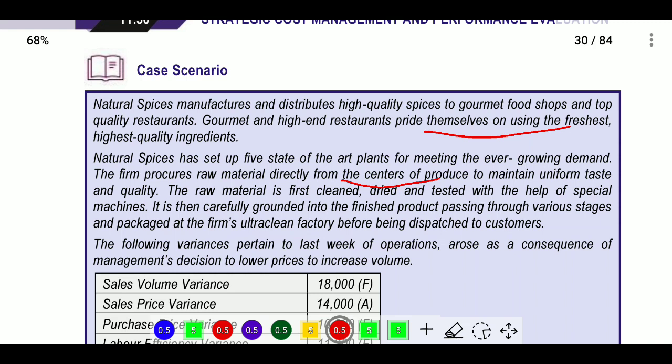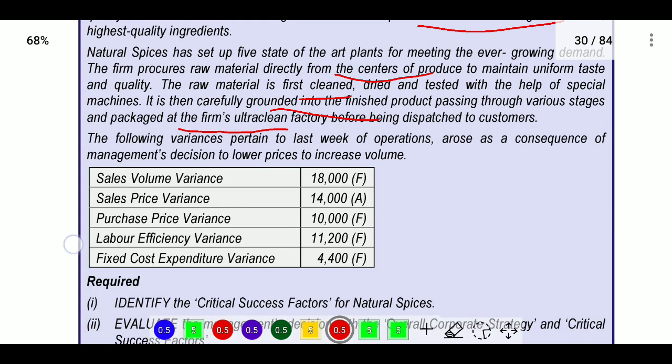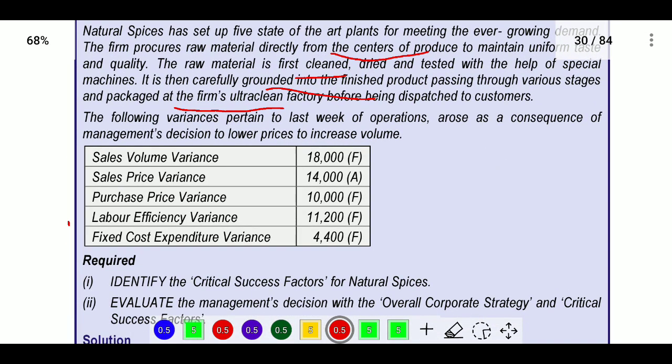The raw material is first cleaned, dried and tasted with the help of special machines. It is then carefully ground into finished products, passing through various stages, and packed at the firm's ultra clean factory before dispatching to customers. So it is providing packing and distributing to the customer. Next, the following variances pertain to last week. Some variances were provided, such as sales volume variance and sales price variance.